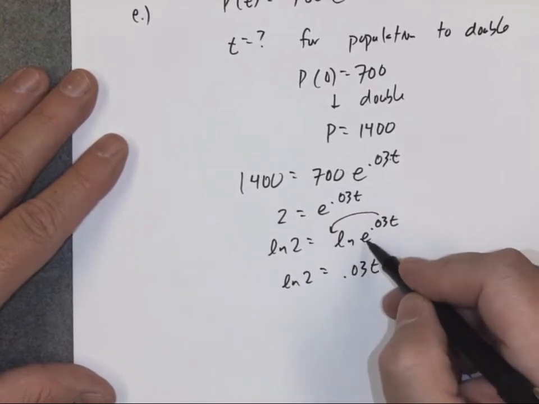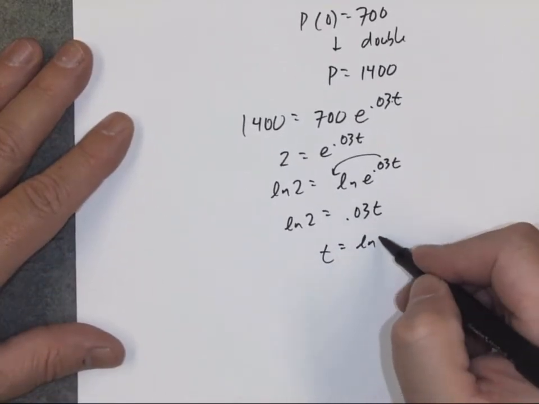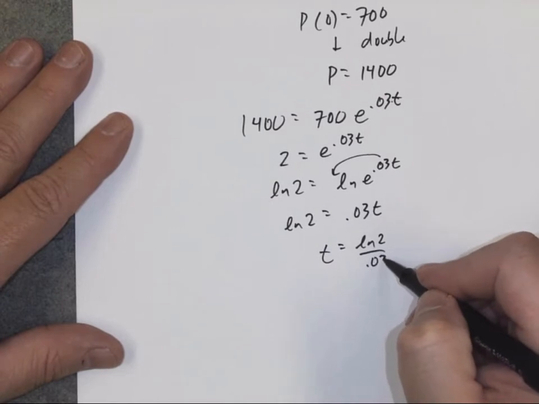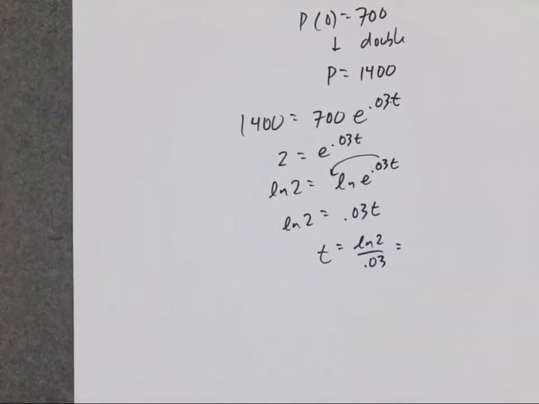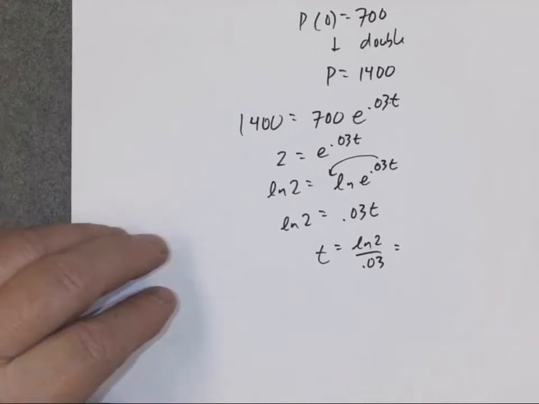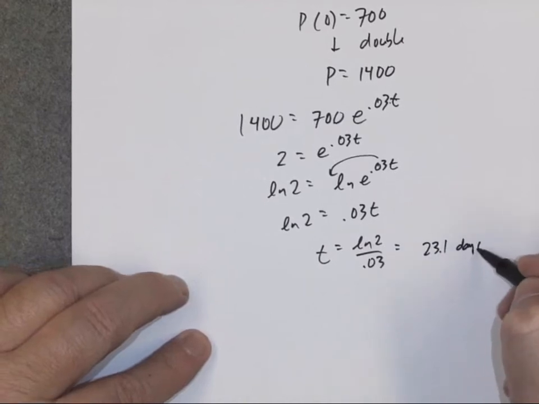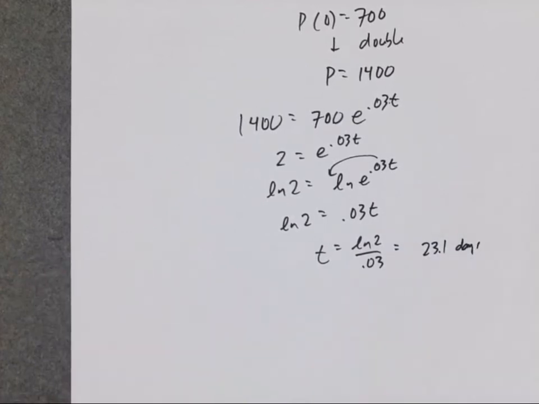And actually the natural log of e is 1, so it's this. Solve for time. Time is natural log of 2 over 0.03. And it probably says round to the nearest tenth. Looks like 23.1 days. All right, as problems go, that was not too bad.